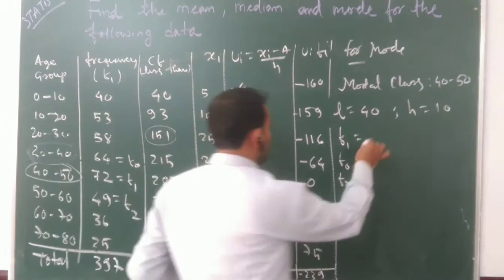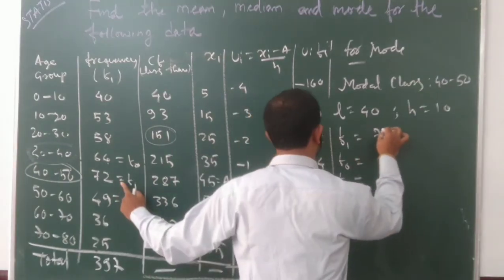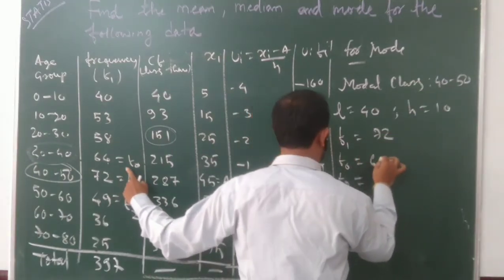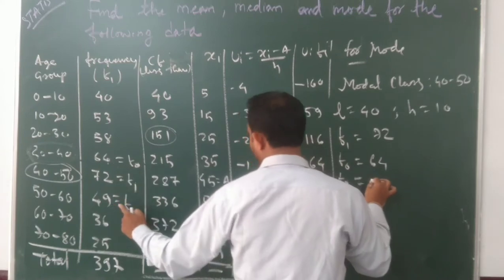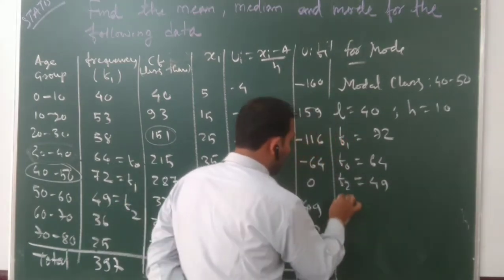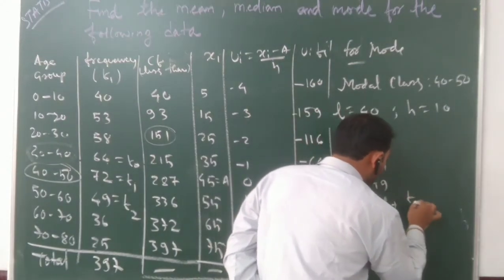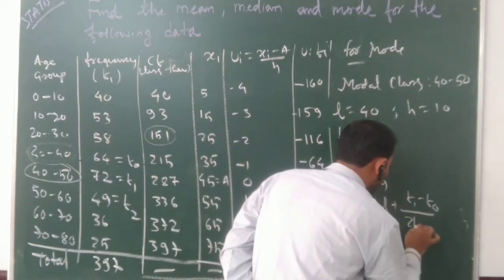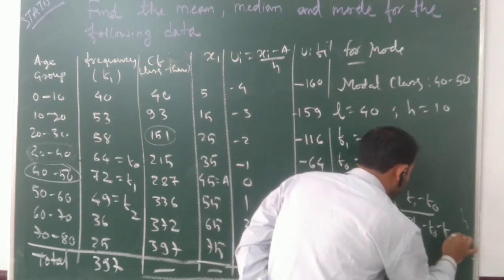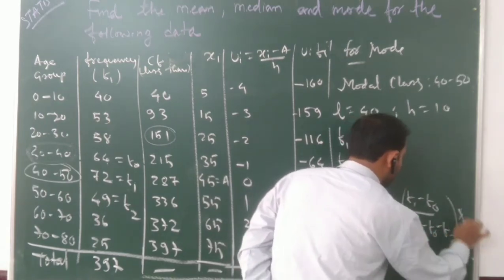Now we have f1 is 72, f0 is 64, and f2 is 49. The formula is L plus (f1 minus f0) by (2 f1 minus f0 minus f2), into h.